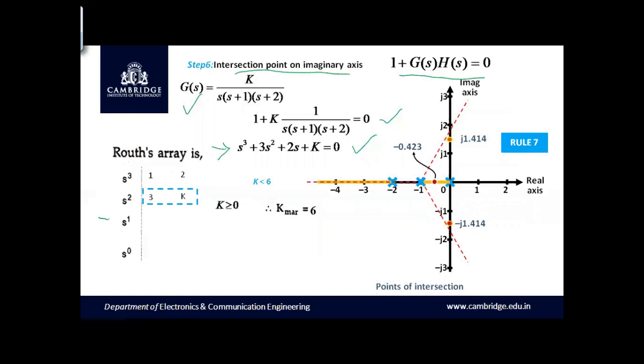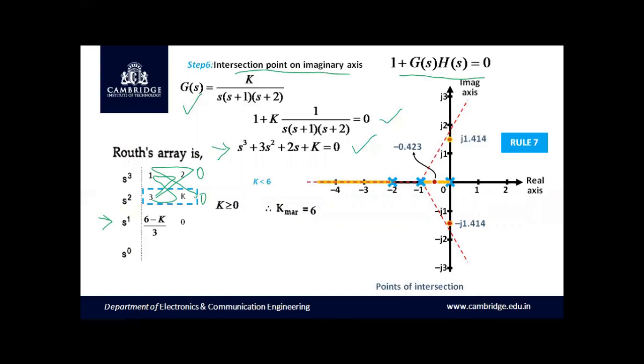To fill up the third row, we trace the pattern: 3 into 2 minus 1 into K, divided by 3. Hence we have obtained 6 minus K divided by 3. The next element will be equal to 0: 3 into 0 minus 1 into 0, hence it will be 0.